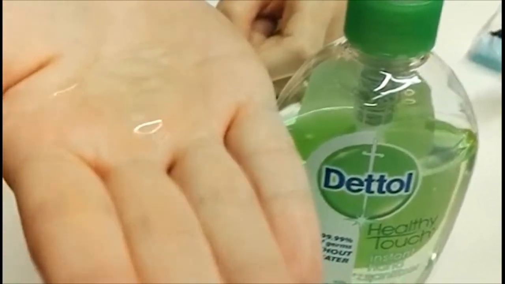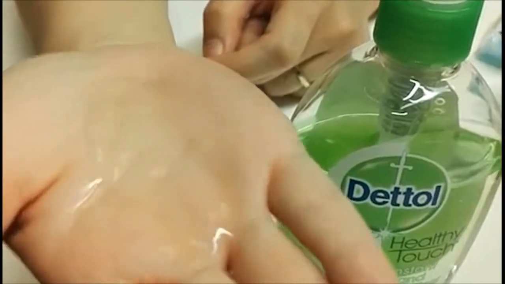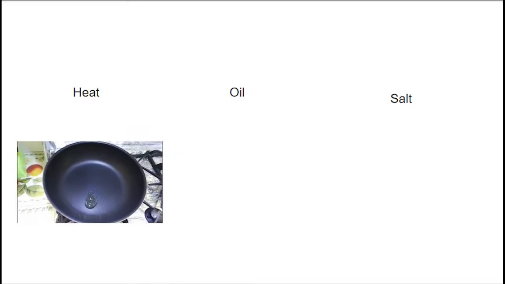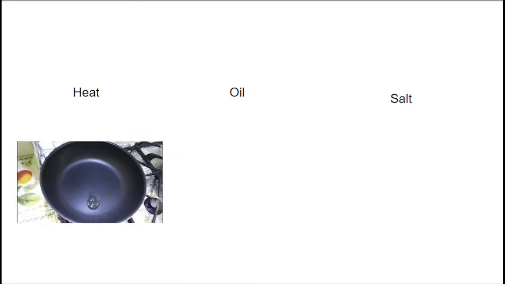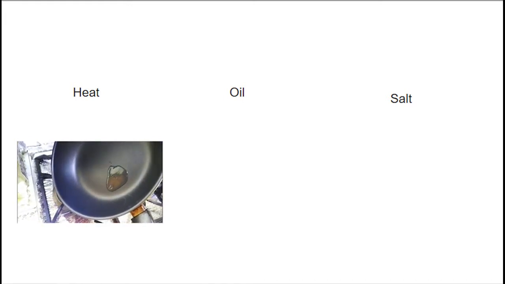When applying hand sanitizer on hands, its viscosity will decrease immediately. Three small experiments were conducted. We put hand sanitizer onto a hot surface and added oil and salt to our hand sanitizer.